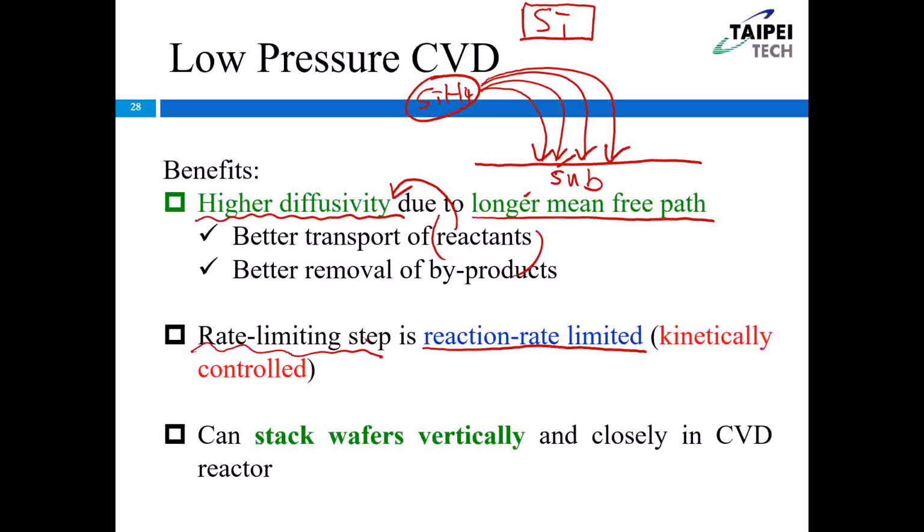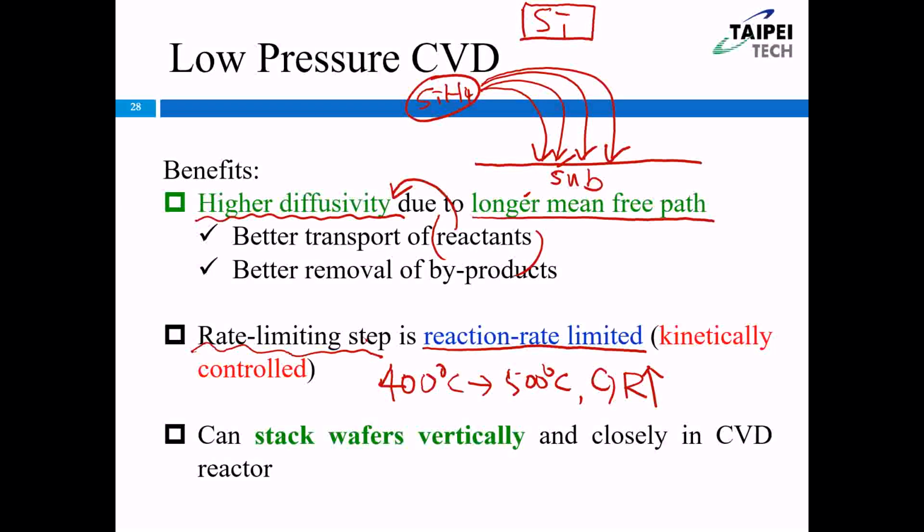So if I increase the temperature from 400 degrees Celsius to 500 degrees Celsius, the growth rate can be improved a lot, because I have a lot of silane on top of the substrate.